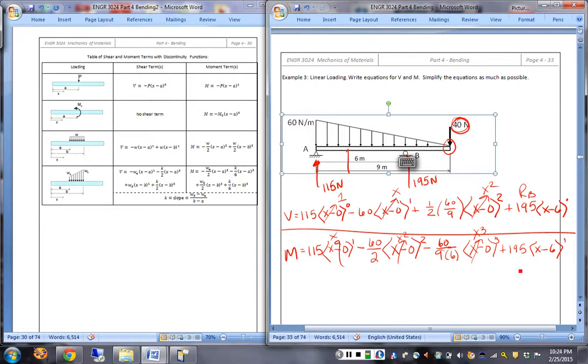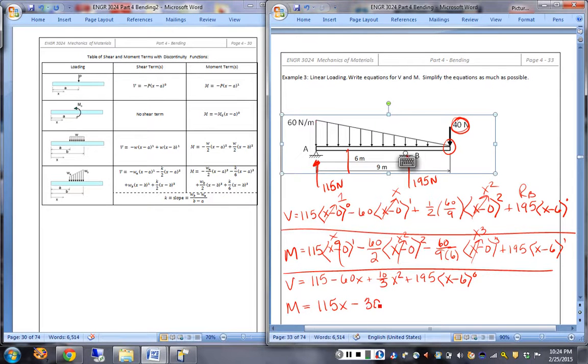So rewriting both in simplified form, the shear equals 115 minus 60x plus 10/3 x squared plus 195 x minus 6 to the 0. The moment equation simplifies to 115x minus 30x squared plus 10/9 x cubed plus 195 x minus 6 to the 1.